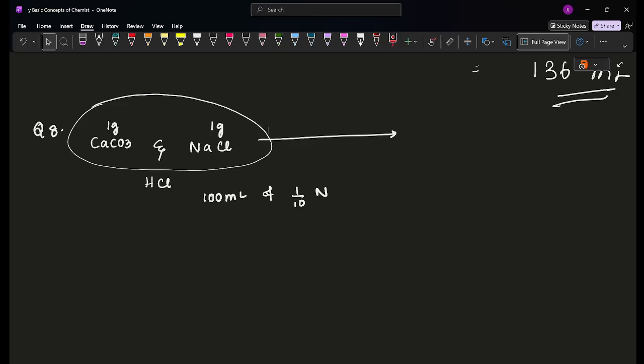So you might get 10 millimoles of HCl, and that should be equal to, okay, I think we could get it.